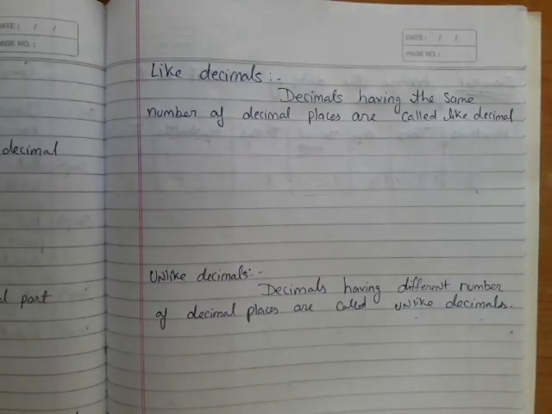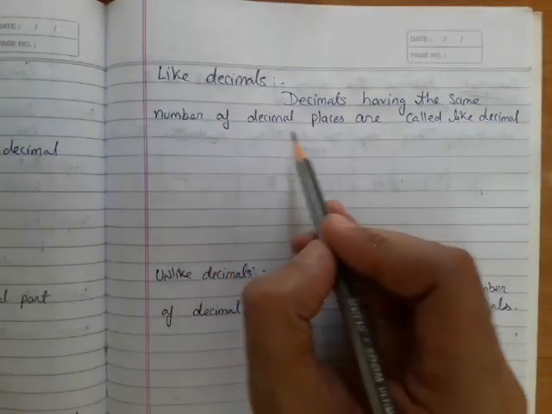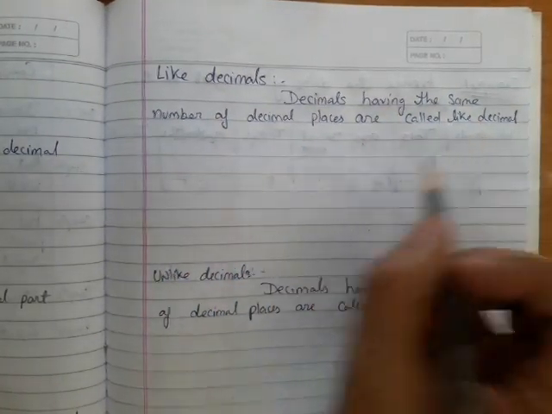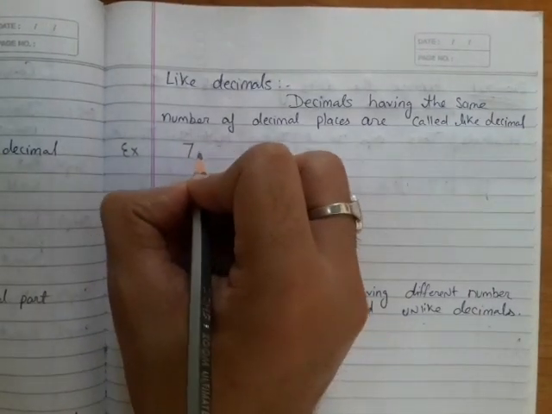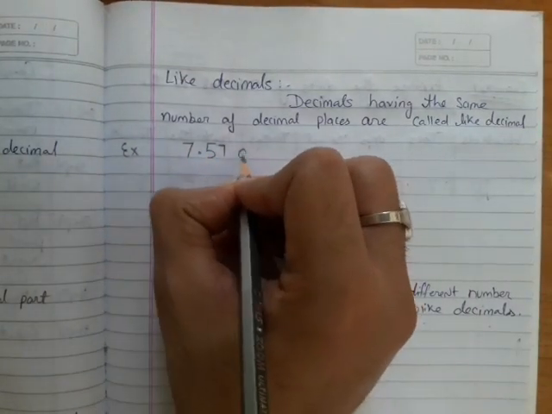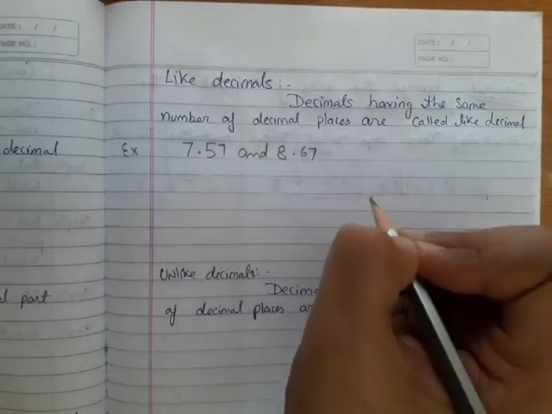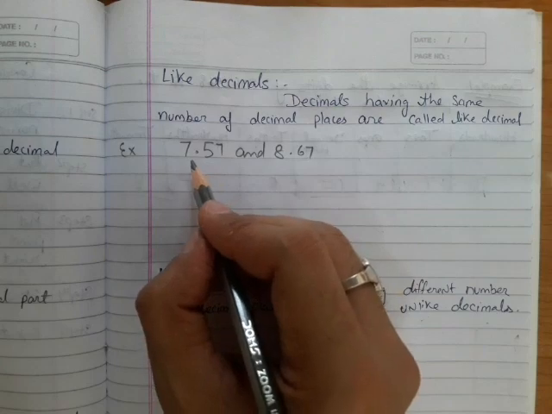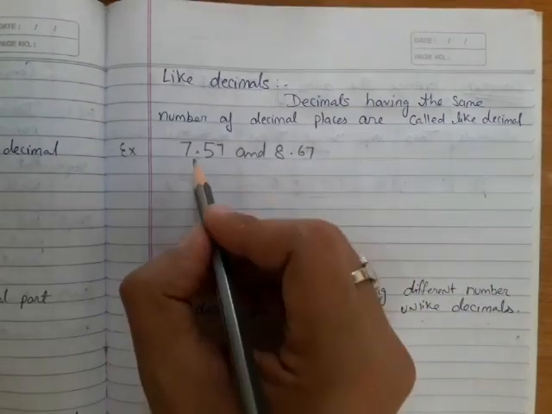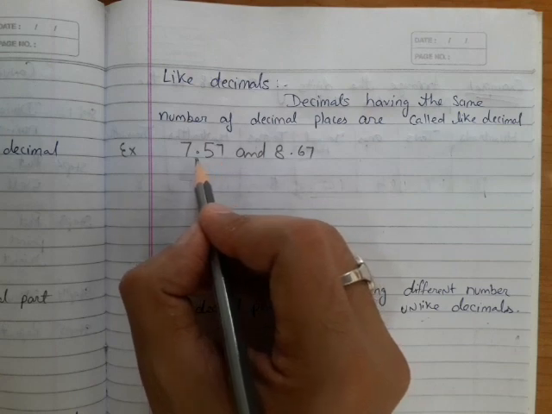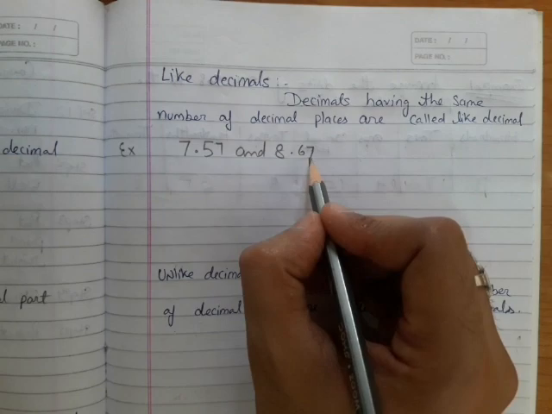Now the next point is like decimals. Decimals having the same number of decimal places are called like decimals. For example, if a pair of numbers is given, 7.57 and 8.67, you can see that there are 2 digits after the decimal in both cases.